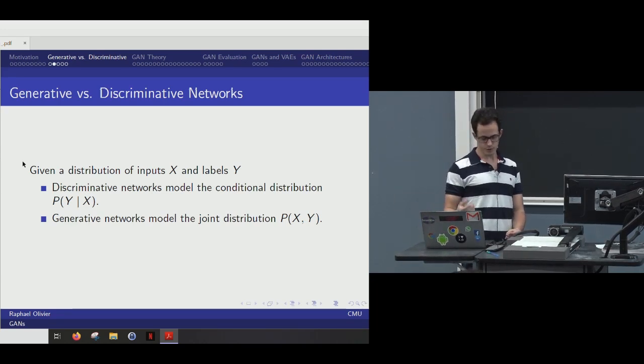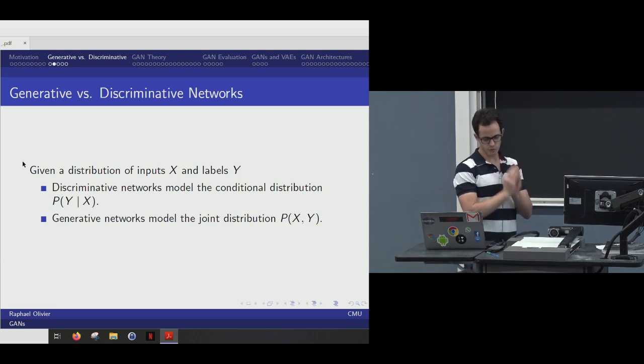Then in the discriminative network, you're learning the probability of the output Y with respect to the input X. In a generative model, you're just learning the overall distribution of the data. So if you've got X and Y, it would be the joint probability P of X, Y.